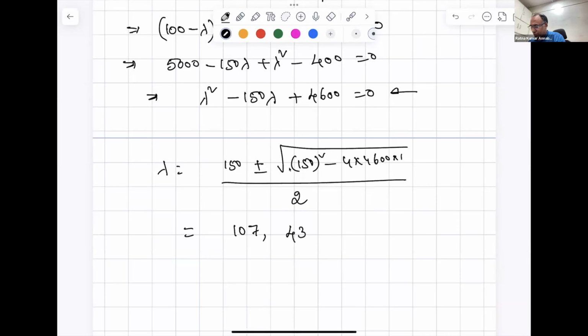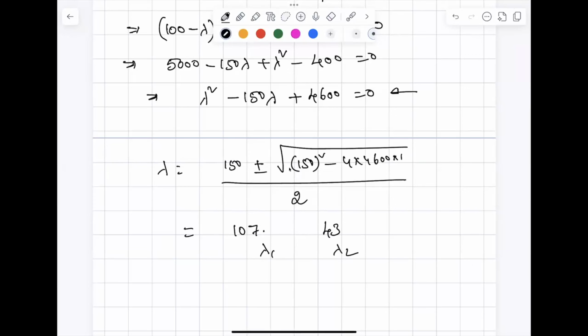That means 107 is not exact, it is 106 point something. 107.01, sir? Yeah. So 107.02 and 42.98. Correct. These are your lambda. So this is my lambda 1, that is my lambda 2. Let us call them 107 and 43. Is that okay?